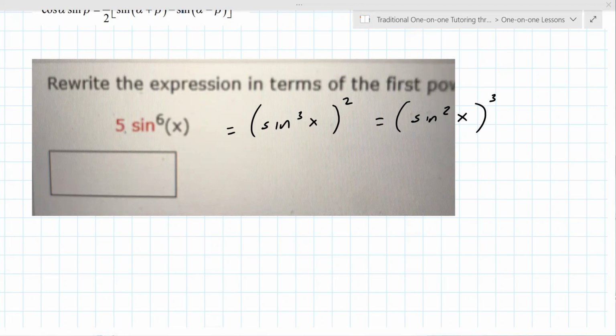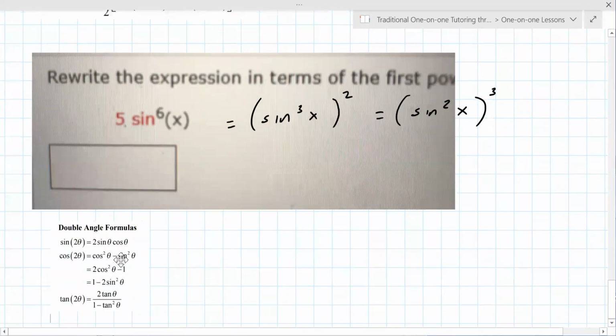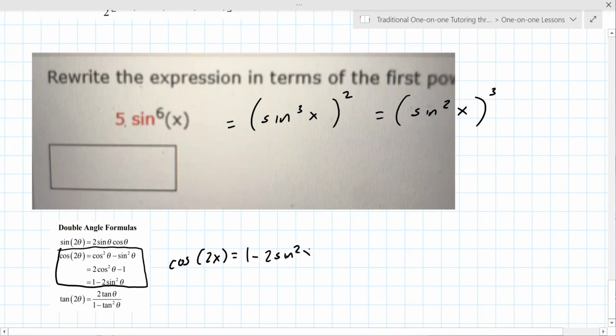But there are three double angle formulas that you need to know when you're doing this. Notice that this middle one comes in three versions, and it's got a sine squared in it here. So cosine of 2x equals 1 minus 2 sine squared x.